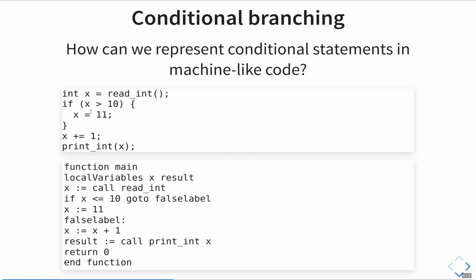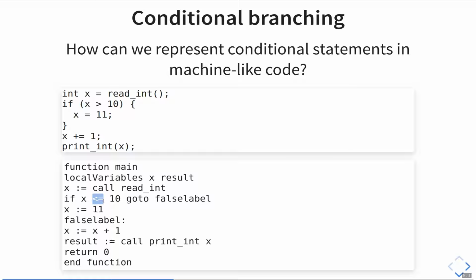A structured programming language, I should say. So for instance here we have if x is greater than 10, do this statement x equals 11. But here we're saying if x is less than or equal to 10, go to false label, skip executing x equals 11, and then just do x equals x plus 1.